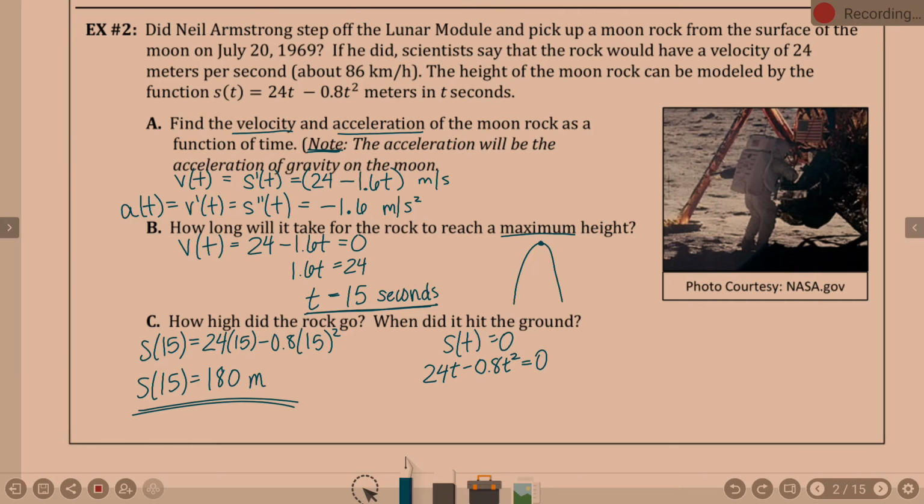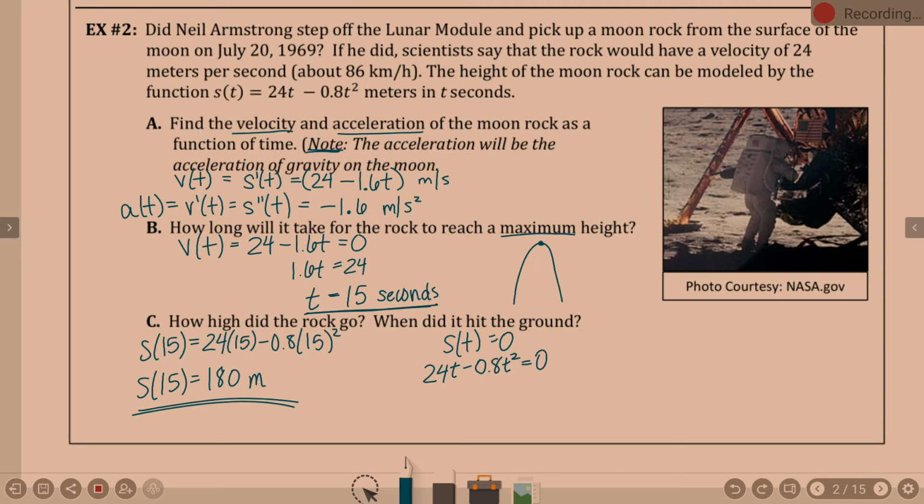On this, when I say do some math, both terms have t's. So factor out the GCF. My brain is struggling with that negative t squared term, so I think I would factor out a negative t. Actually, I see an 8 and a 24.